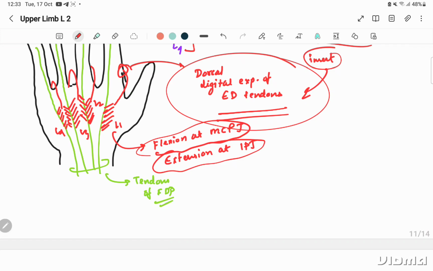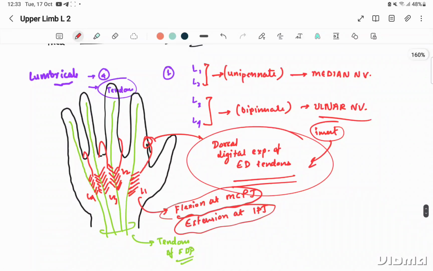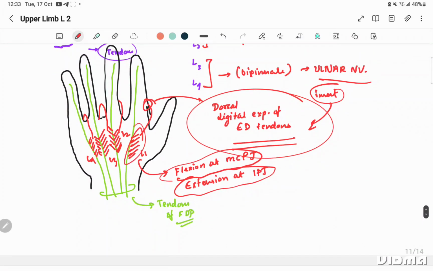Okay, so these are about the lumbricals. I said there are 4 lumbricals. L1 unipinnate, L2 is unipinnate, that attaches to this finger. L3 is bipinnate and attaches here to the dorsal digital expansion of ED tendon, and L4 also.